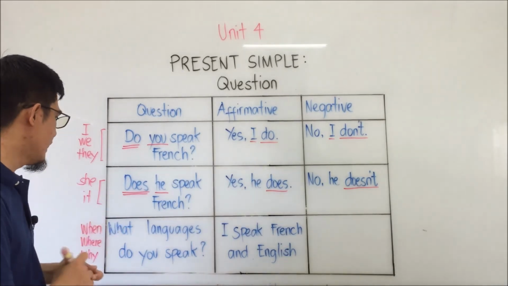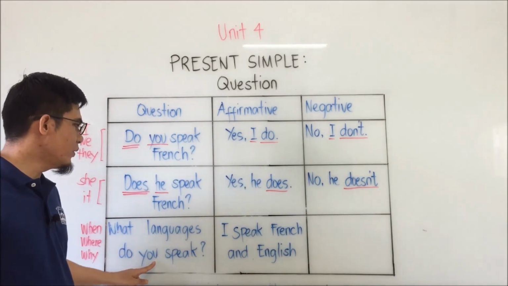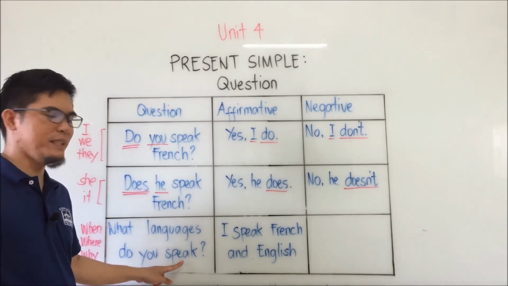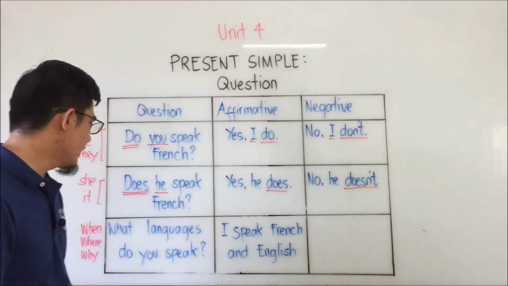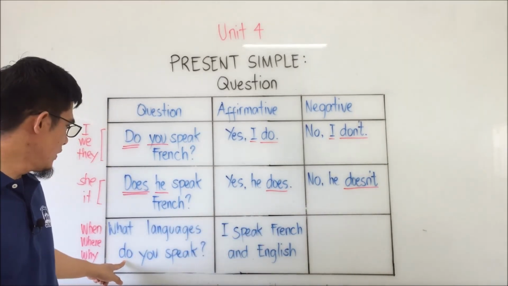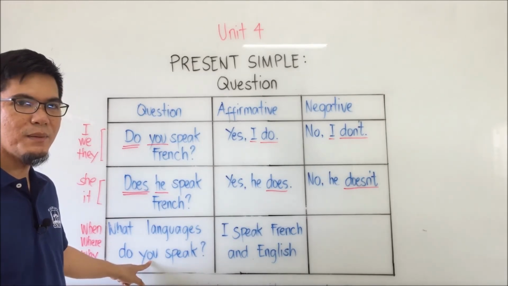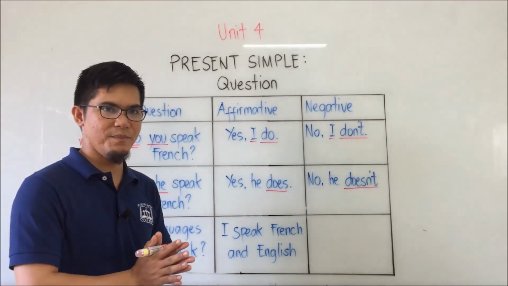Okay, let's try. What languages do you speak? Of course, our answer is a complete sentence. I speak French and English. We use do because of the pronoun you, meaning it's plural.